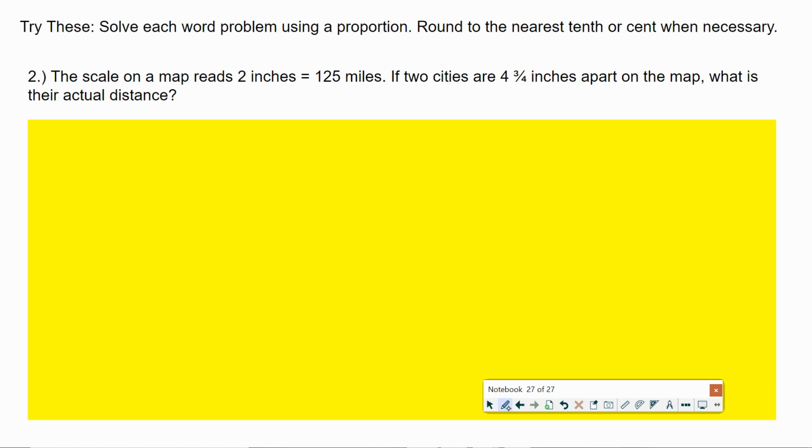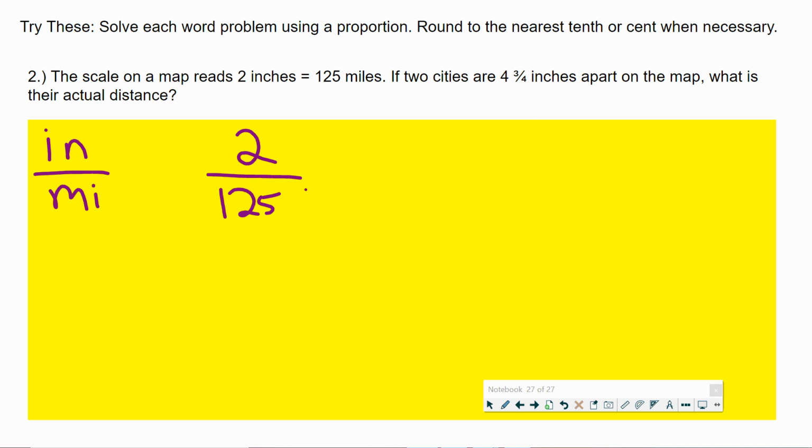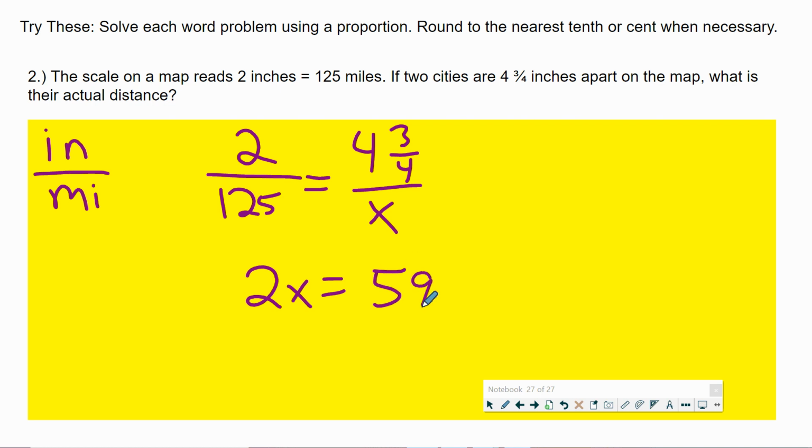Last example. The scale on a map reads 2 inches equals 125 miles. If two cities are 4 3/4 inches apart on the map, what's their actual distance? So this time I'm doing inches to miles. So I do 2 over 125 equals 4 3/4 over x. So I get 2x equals 593.75 or 0.34.